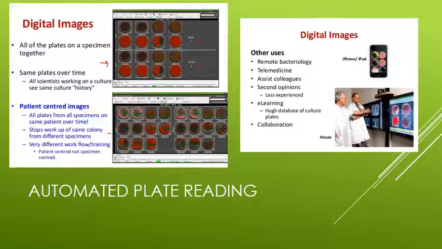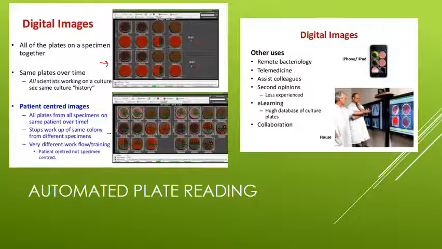For the most part, what's going to happen with the digital reading, the automated plate reading, is all of your negatives will be eliminated, right? So you don't have to spend time with those negative plates. No growth, get rid of it. No growth, get rid of it, or re-incubate it. These automated plate readers are hooked up to your incubators.